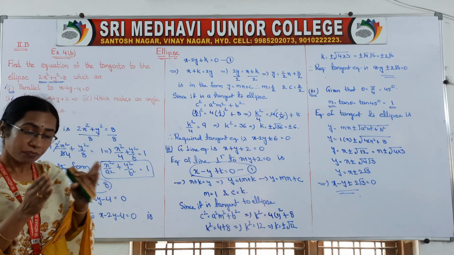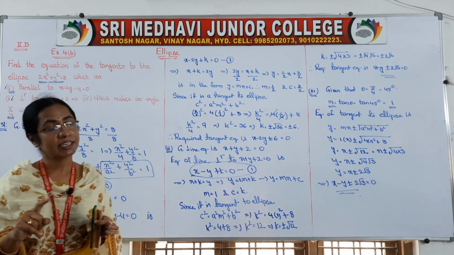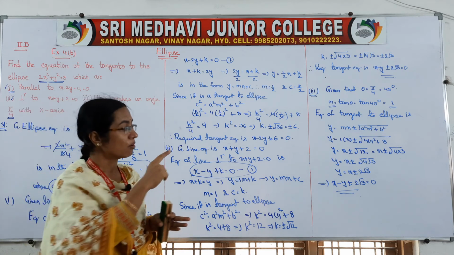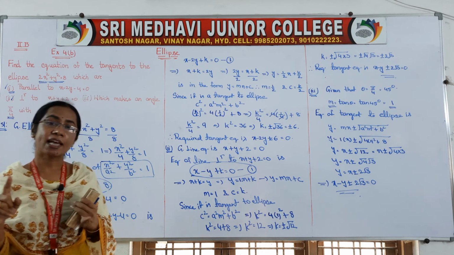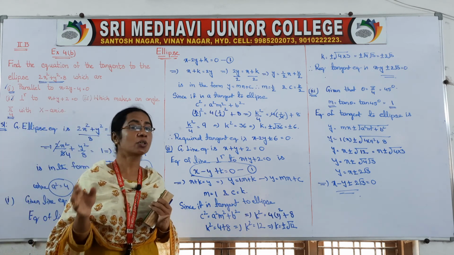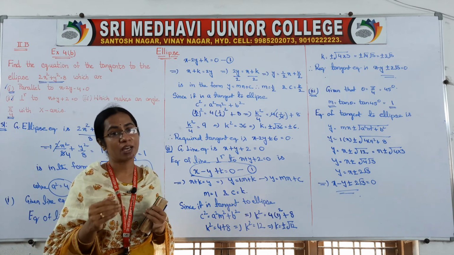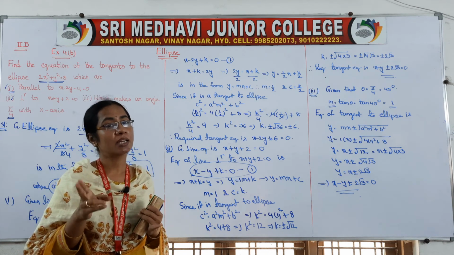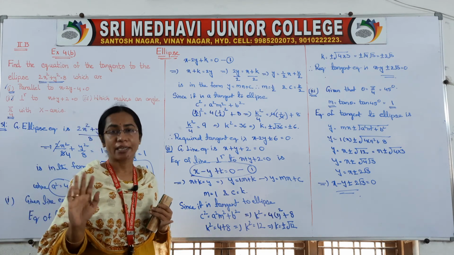But for the first tangent, the condition is different. For the second tangent, the condition is different. For the third one, the condition is different. For the first one, the tangent must be parallel to one line equation, so we applied the parallel formula. When 2 lines are parallel, their x and y coefficients will be the same, only the constant will be different.